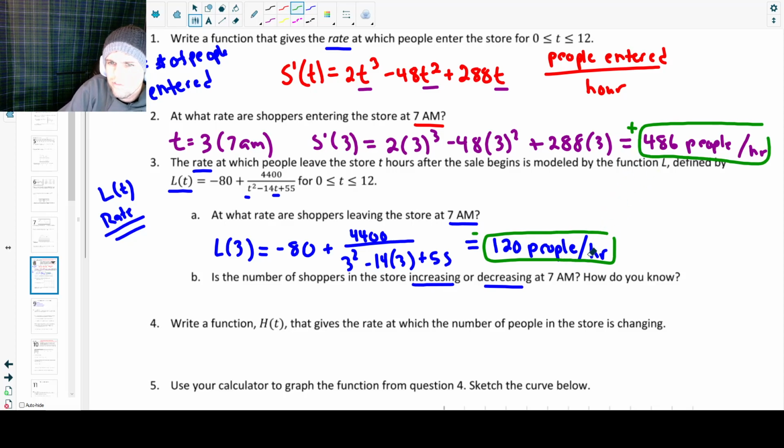When we compare these two values, since there are more people entering the store at this time instead of leaving, we can say that the total number of shoppers is actually increasing, right? So since S prime of 3 is greater than L of 3, which again means that the rate that people are entering at 7 a.m. is greater than the rate that people are leaving at 7 a.m., the number of people is increasing.